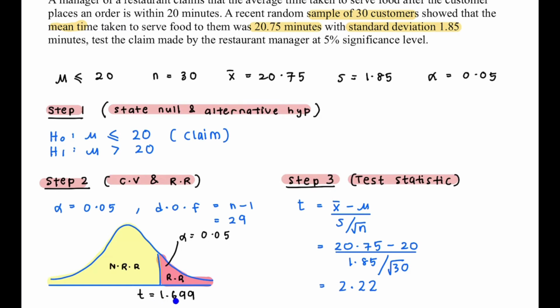So how to get the critical value? You have to use the t-test because the sigma is unknown here. In order to use the t-test, you have to have the degree of freedom. Remember how to find df? n minus 1. Your n is 30, minus 1 is 29. So refer to the degree of freedom 29 with the probability 0.05.